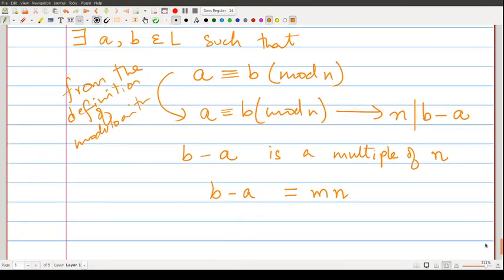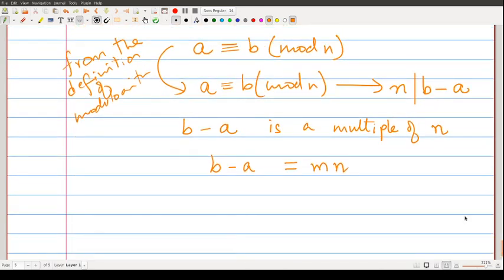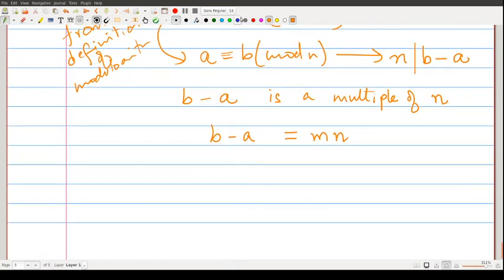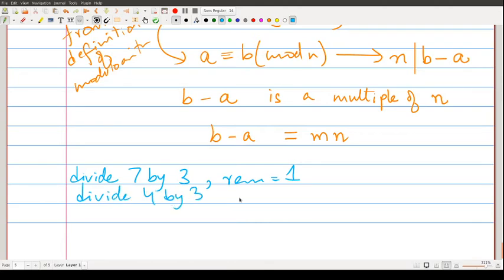Okay, is this clear? If you don't recall this, then let me jog your memory. For example, if you divide 7 by 3, the remainder is 1. If you divide 4 by 3, the remainder is 1. That means 7 is congruent to 4 mod 3. And if you subtract 7 minus 4, you get a multiple of 3. And you could have done that with 10 as well.